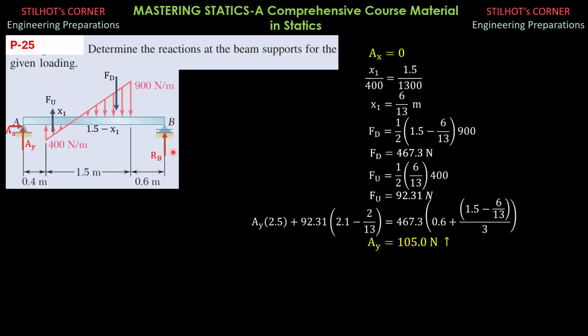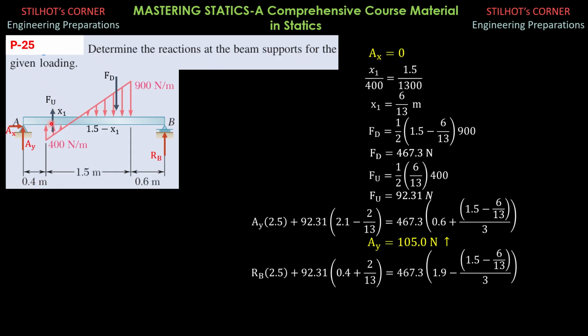Then to solve for RB, we sum up moments about A. So RB times 2.5, plus FU, which is 92.31. The distance of FU from A is 0.4 plus 1/3 of x1, 1/3 of 6 over 13, 2 over 13, then equals FD.